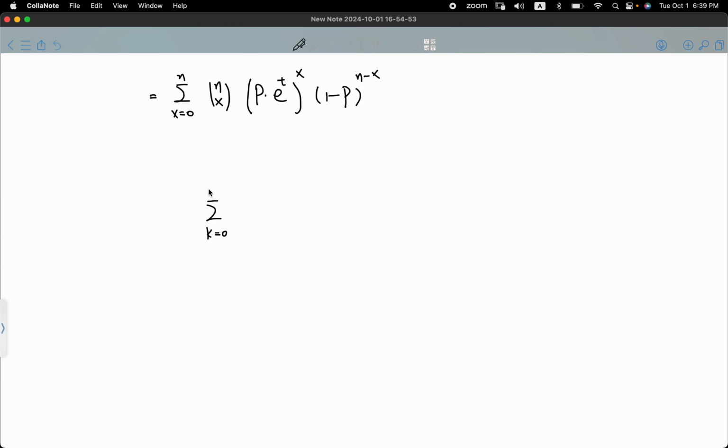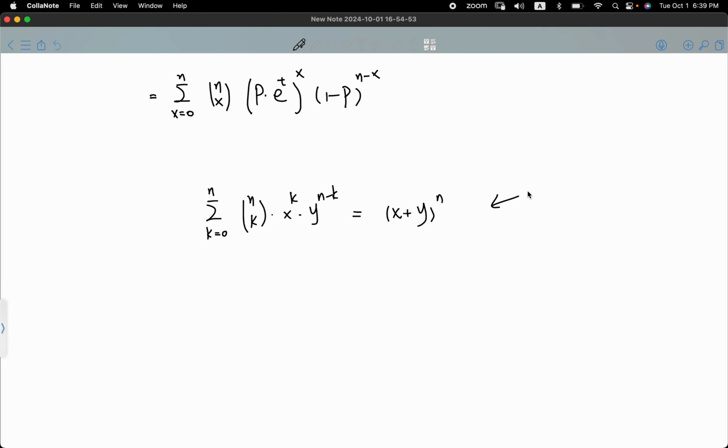So the sum for k from 0 to n of n choose k, x raised to the power of k, y raised to the power of n minus k, with this binomial coefficient, is equal to (x plus y) raised to the power of n.